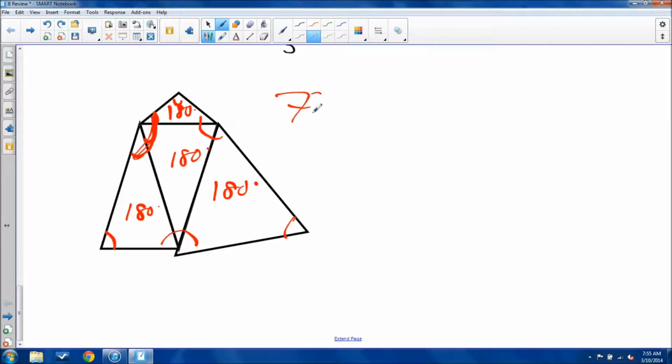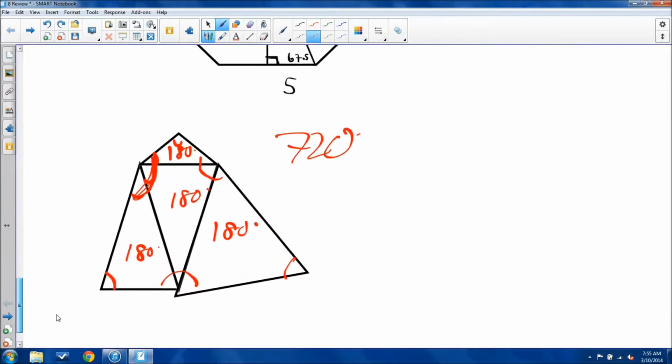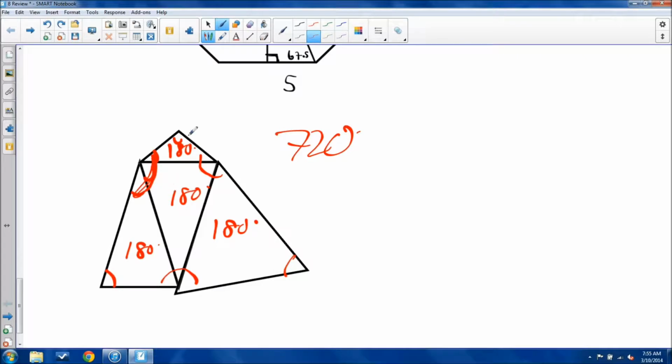So in a hexagon, even in this regular hexagon way up here, which were all 120 times 6, these are 720 degrees. Doesn't matter if your hexagon's regular or irregular. Now, if it's irregular, that means all these are not 120 degrees. Maybe there are other ways you can find them. You know, add up this and that, whatever you're given. One's a right angle. These guys are congruent, etc. Okay.